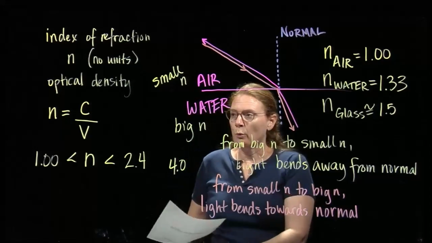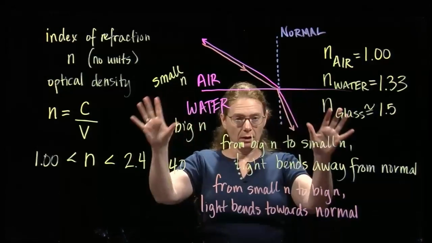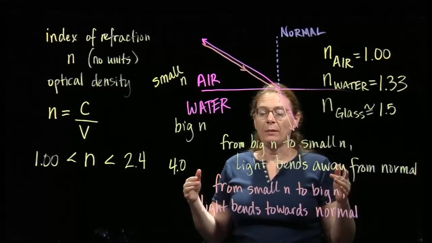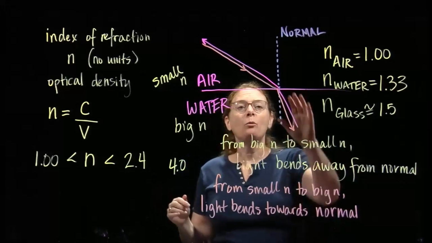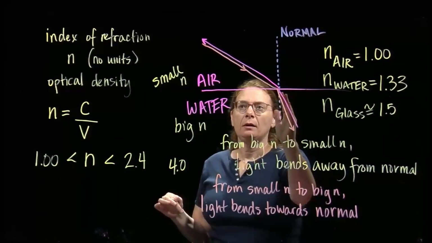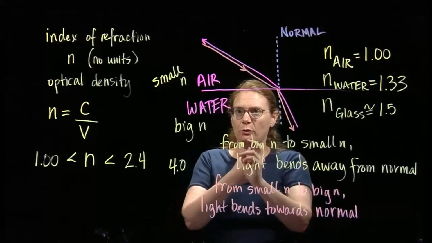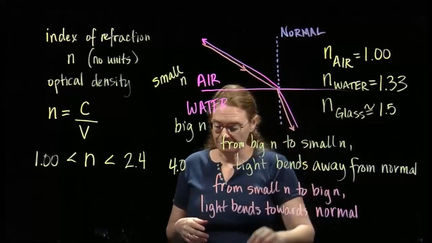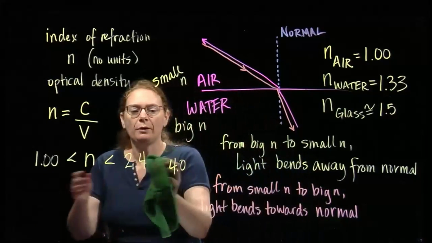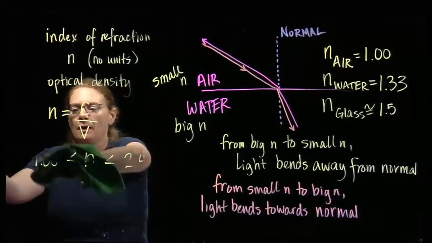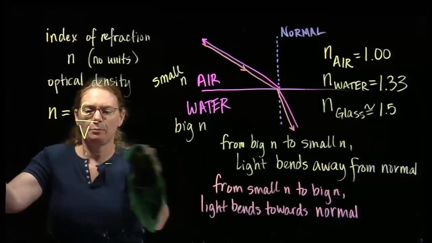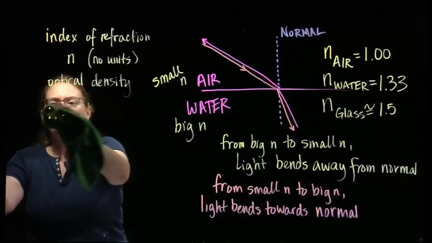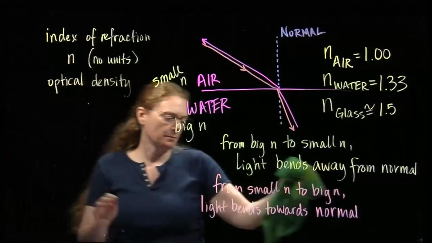So this is all the concepts. We can actually figure out mathematically how much this light bends. And again, it depends on two things. It depends on the materials and it depends on the angle. When we're dealing with the math piece of it, the most important part of this refraction idea is where you measure your angles.